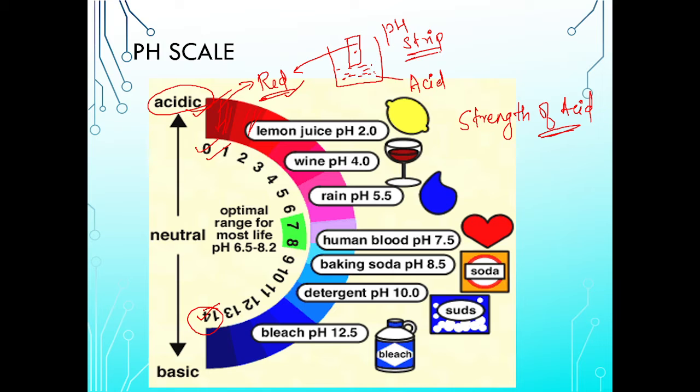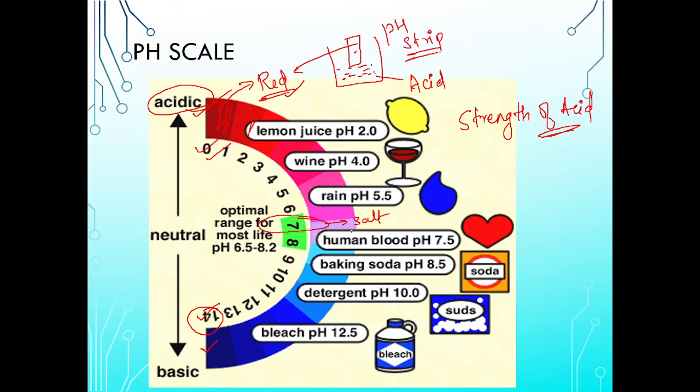Whenever you get a basic substance, you'll get a pH of 14. That is, the pH scale will show blue color, and the pH strip is going to be converted to very dark blue. So it will be your 14 pH. Whenever you see 7, it is nothing but the neutral pH. So this is only for salt.